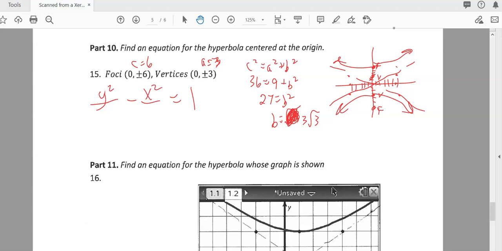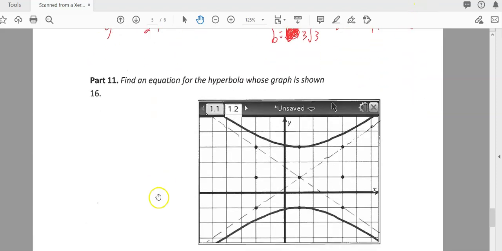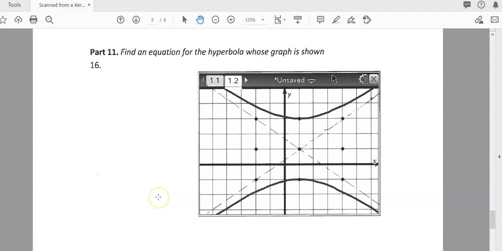For this, the a term is always underneath the vertices there. So this would be 3 squared, which is 9. And square root of 27 squared is 27. It's okay, the bigger number underneath, that is still vertical. With a hyperbola, that's how it works. The first term tells you that, the y squared term.